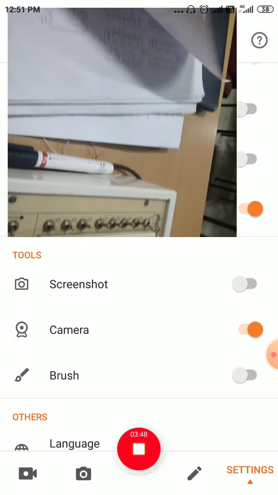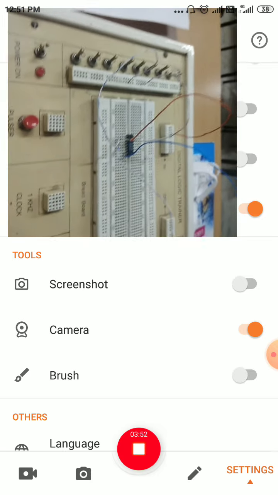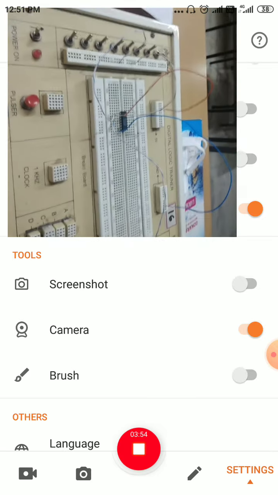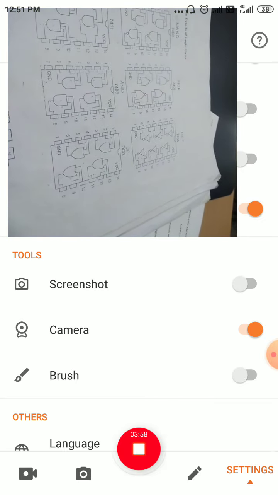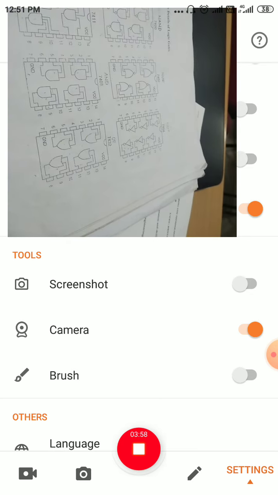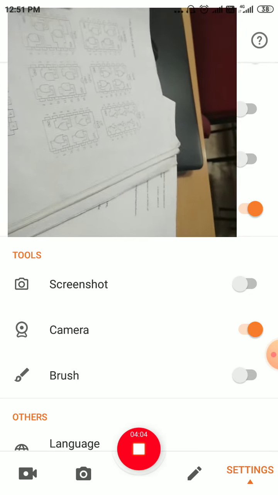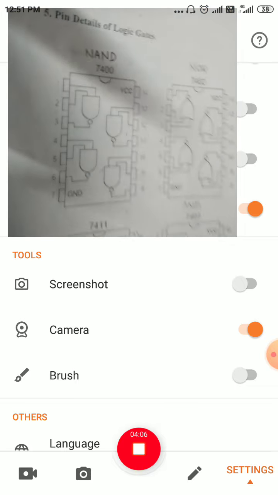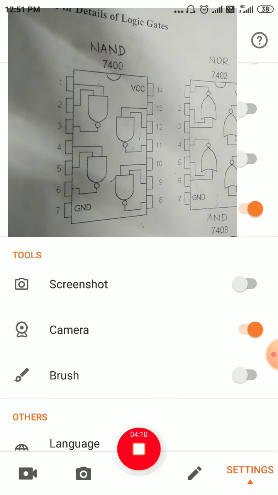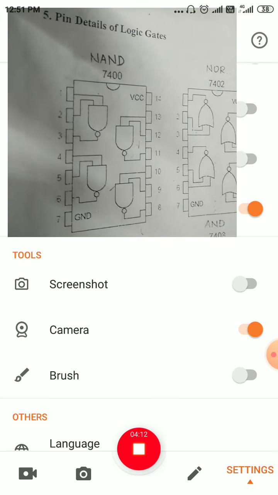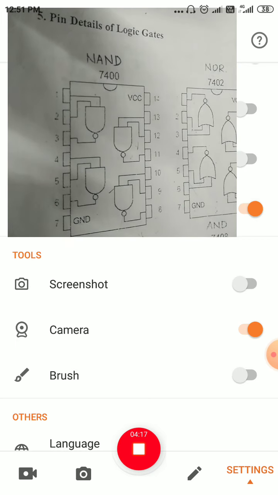Now I am showing the pin diagram of the NAND gate. It is the quad 7400 integrated circuit pin diagram. Pins 1 and 2 are the inputs to the gate, and from pin 3 we get the one output.